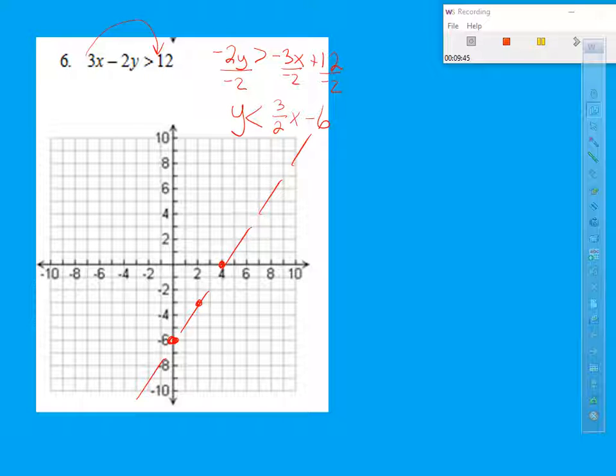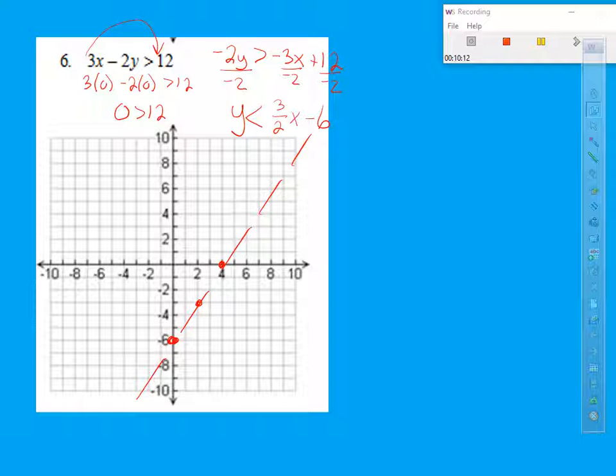Now, we got to pick 0, 0, which is open, and see if we get a true statement or a false statement. So I'm going to plug in 0 up here. I'm going to go 3 times 0 minus 2 times 0 is greater than 12. So I get 0 is greater than 12.